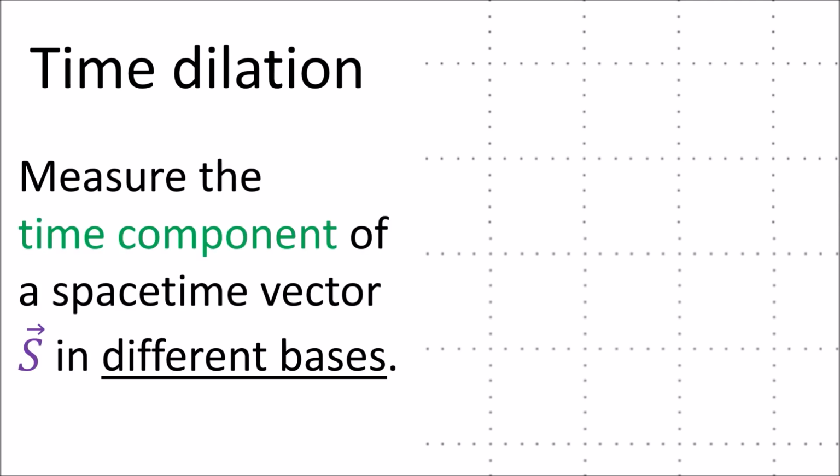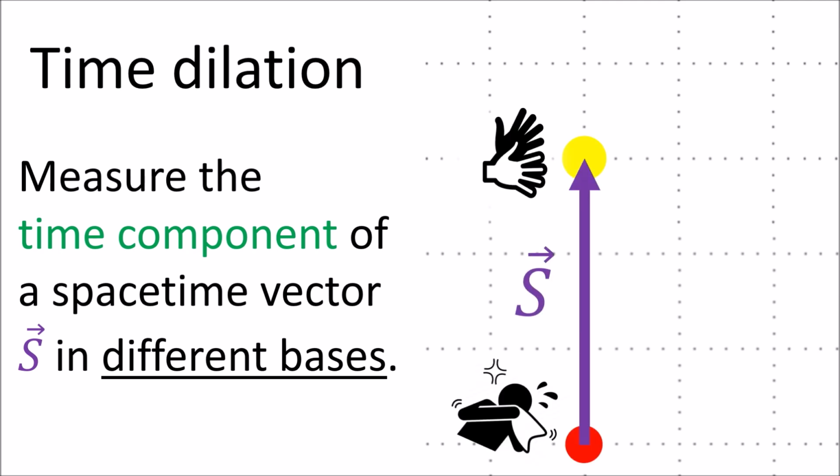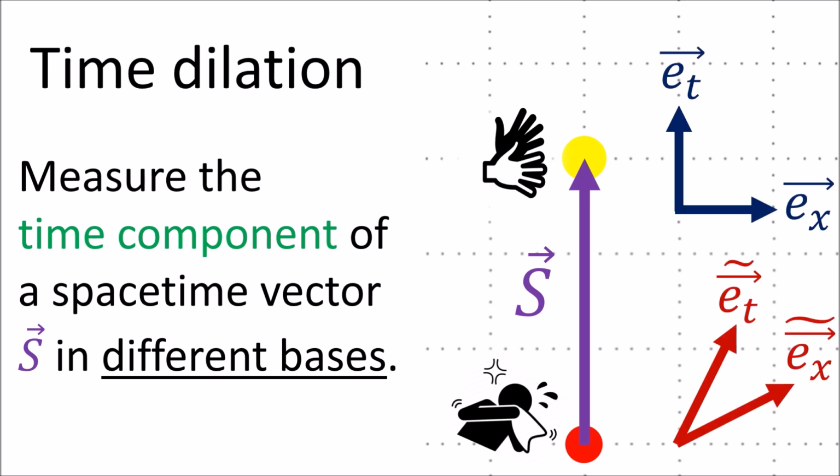Again, we're going to see that geometrically, time dilation is really just about measuring the time component of a spacetime vector S in different bases. So if we have this spacetime vector S connecting a sneeze event and a clap event, time dilation is just measuring this vector with different basis vectors, and we'll get a different time component in each basis.